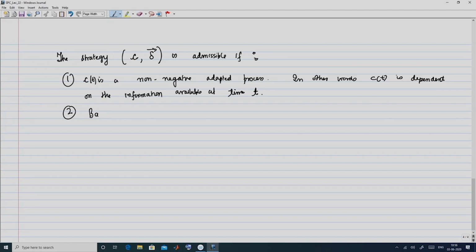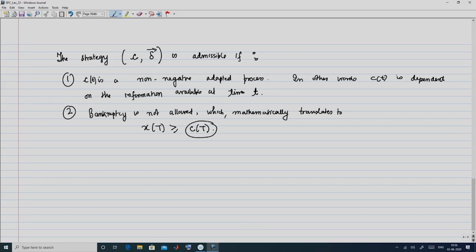Secondly, bankruptcy is not allowed, which mathematically translates to the following: the wealth at time capital T must be greater than or equal to C of capital T. So, that means your consumption at time capital T cannot exceed your wealth level at time capital T.